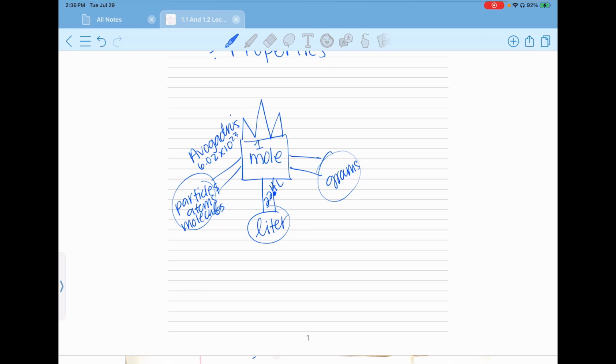So this number varies depending on which substance we're talking about. Why is that? Because each substance carries a different mass, and mass is measured in grams. So this is where we use something we call molar mass to convert between the 1 mole unit and the grams of said substance.